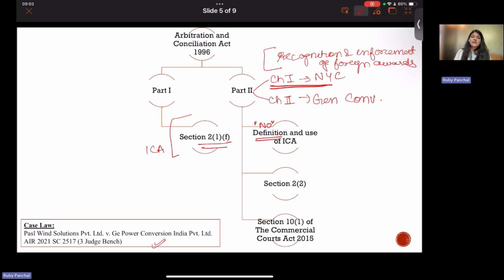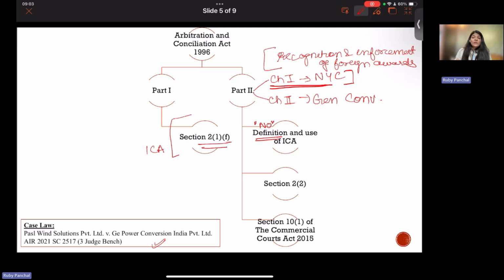We are only focusing our discussions around Chapter 1 because that is what is used and what is effective. Chapter 2 is essentially redundant. I perhaps will discuss that in another video sometime.